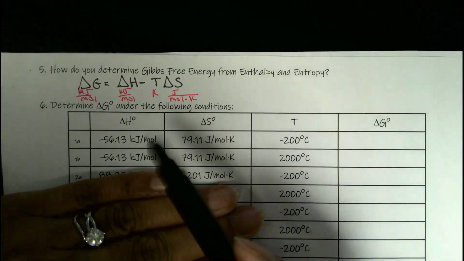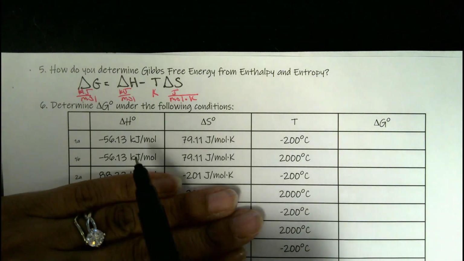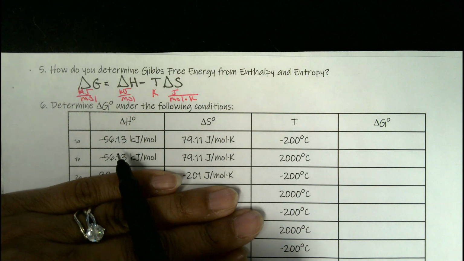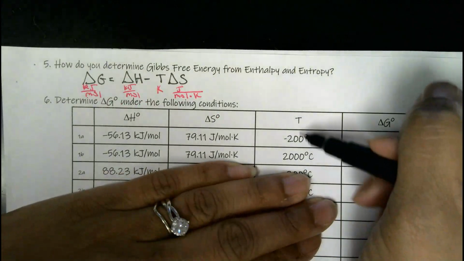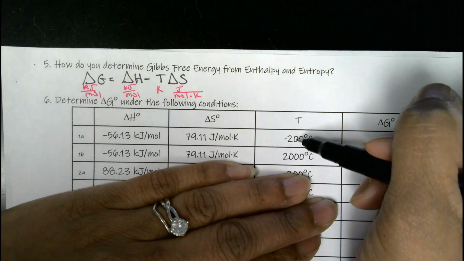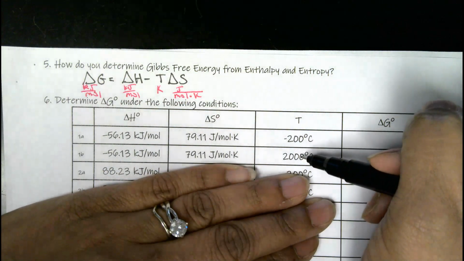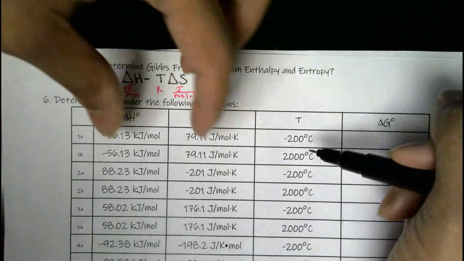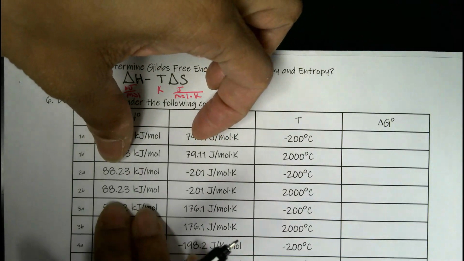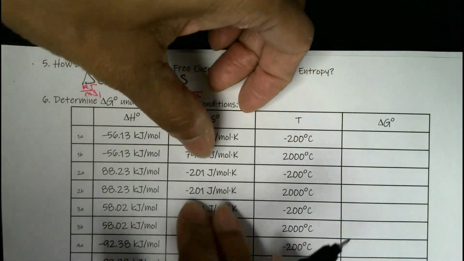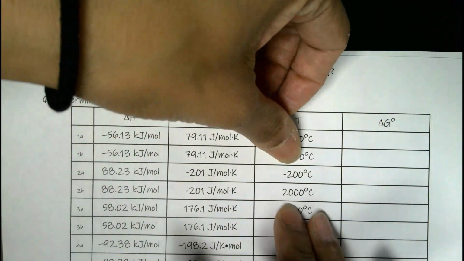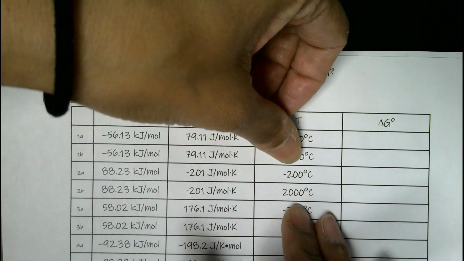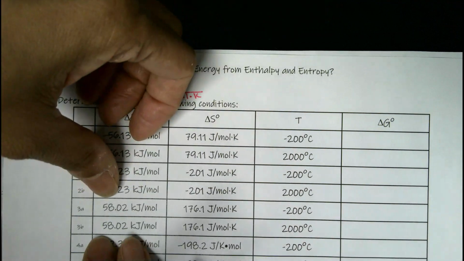So these first two, 1A and 1B, I have a negative delta H, positive delta S, but here I've changed my T's. One T is negative, the other one is very positive. Then, for my next two, I've kept a positive delta H and a negative delta S, so completely opposite of what I have here. And I've switched around my two temperatures, 3A and 3B.